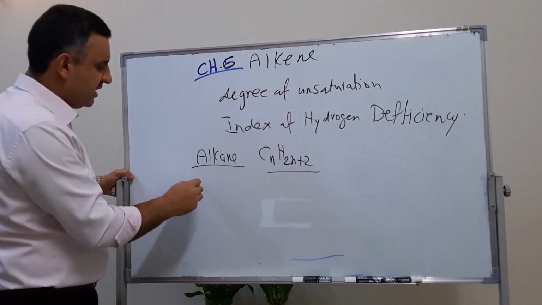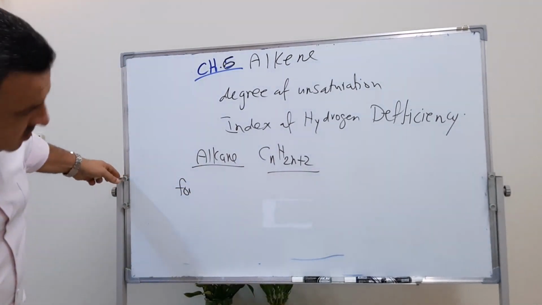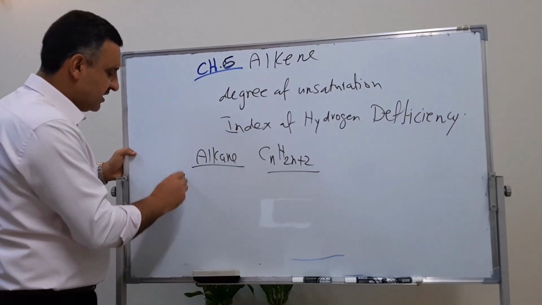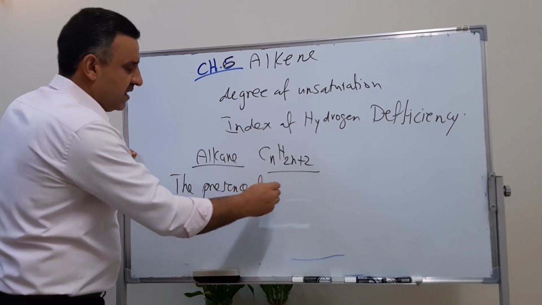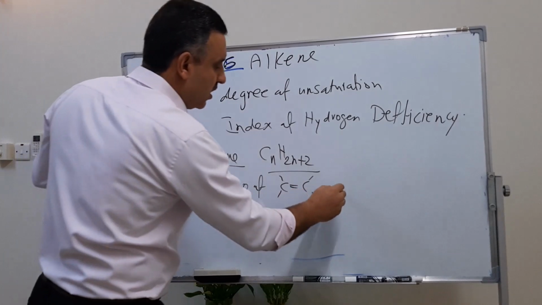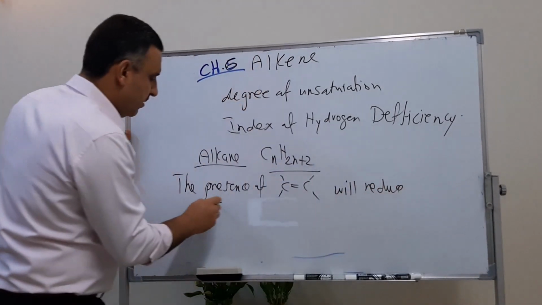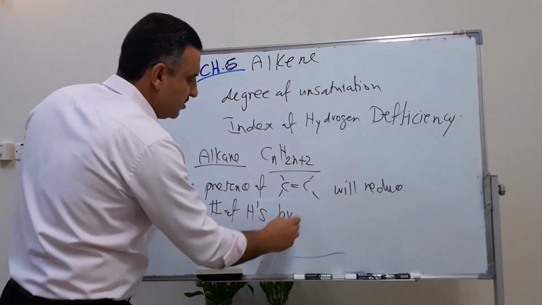While in any alkene, the presence of a carbon-carbon double bond in any compound will reduce the number of hydrogens in the formula by 2.